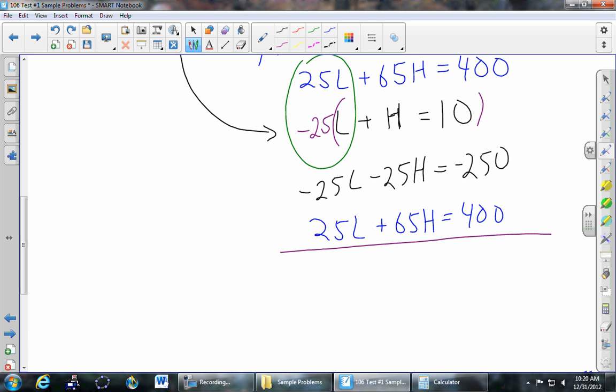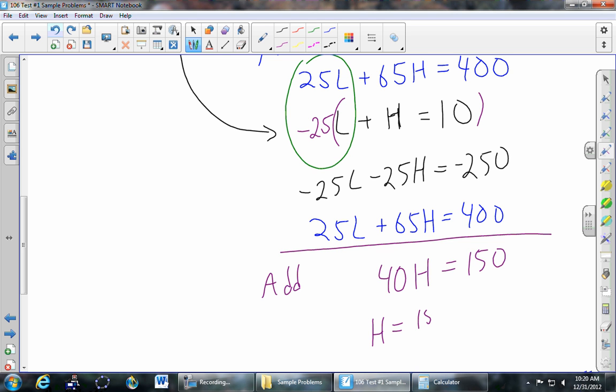And when I add these equations up, something nice happens. If you add the equations, the L's cancel right there. That's how we built it, was to make those L's go away. So we just add the H's. There are 40 of them. Negative 250 plus 400 is positive 150.